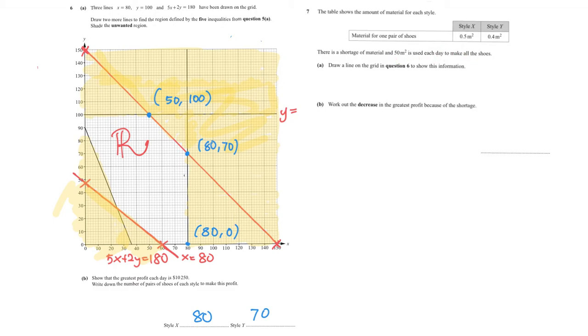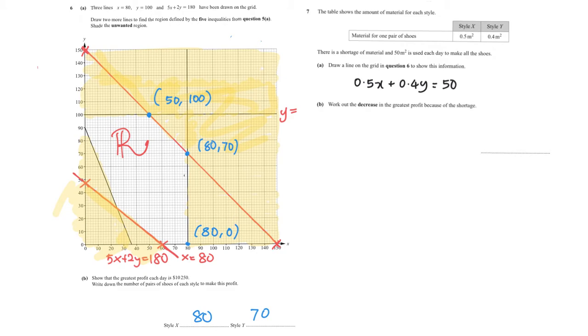It means this is not an inequality, this is an equation, because it's not at most 50 meter square, it is exactly 50 meter square. So it will be 0.5x plus 0.4y equal to 50, all in meter square unit, and that's fine.